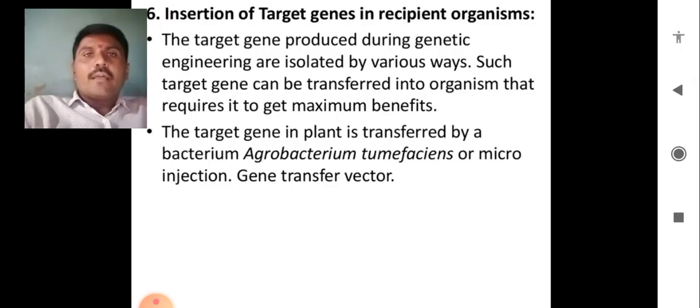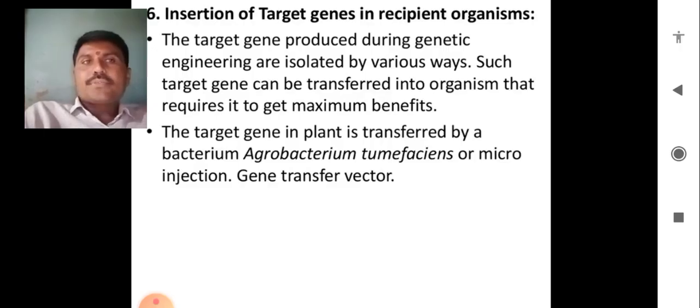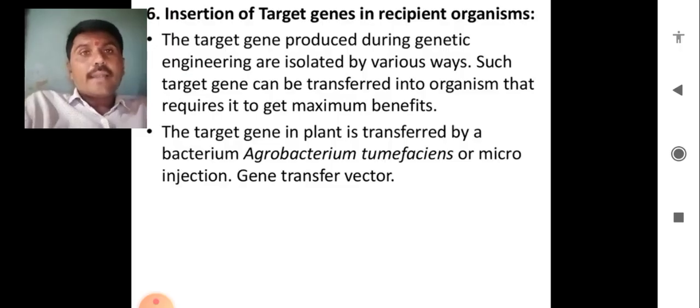Now we insert the recombinant DNA into the recipient organisms. The target genes produced during genetic engineering are isolated in different ways, and the target gene can be transferred into the organism that requires it to get the maximum benefits.